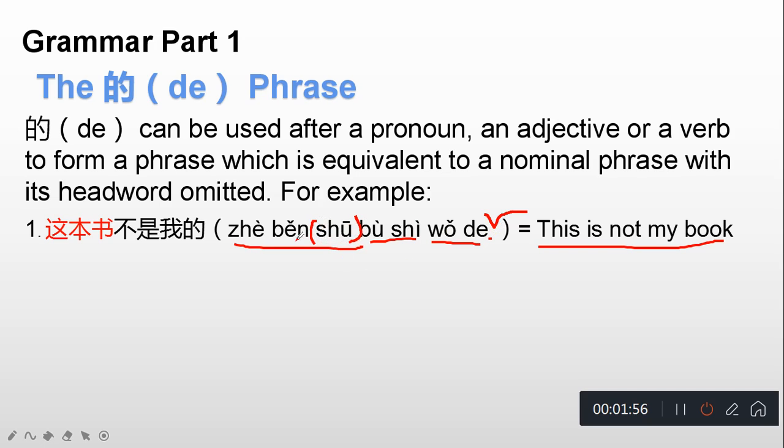So if the subject and the object are the same, then in this sentence you don't need to put something after the 的. You just say 这本书不是我的, something is mine or something is not mine. It works. And now look at this example.